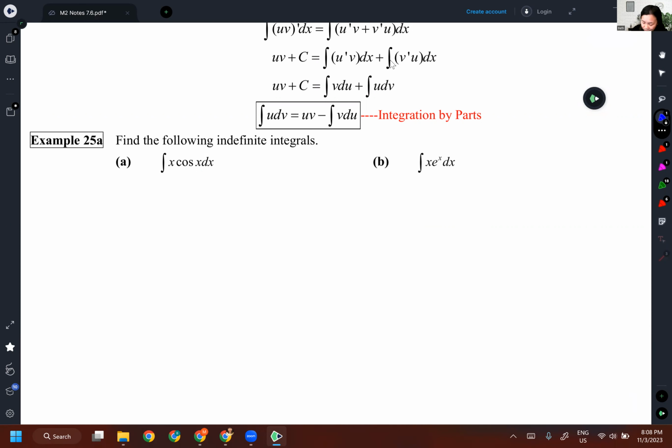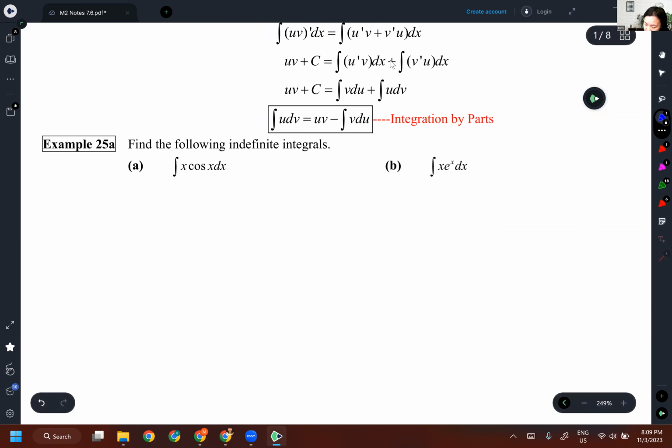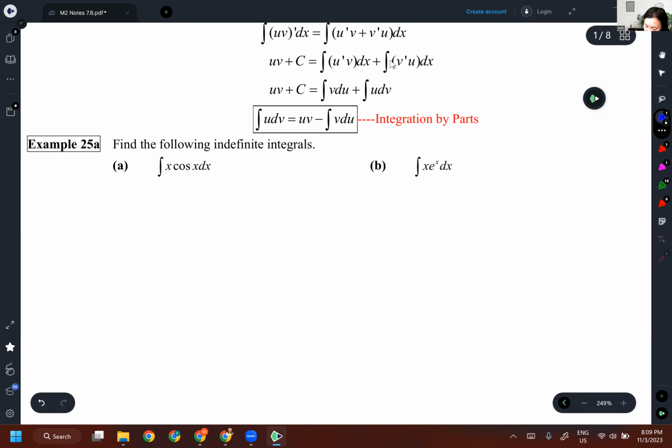So this is what we do. Instead of integrating everything, you integrate a part, which is cosine x dx, and that is changed to d sine x. It's like integration by substitution, but although I'm doing substitution, I'm not writing it.